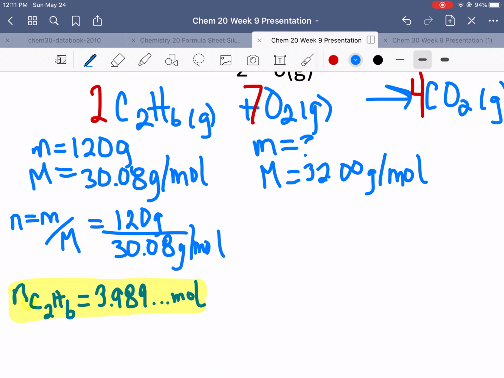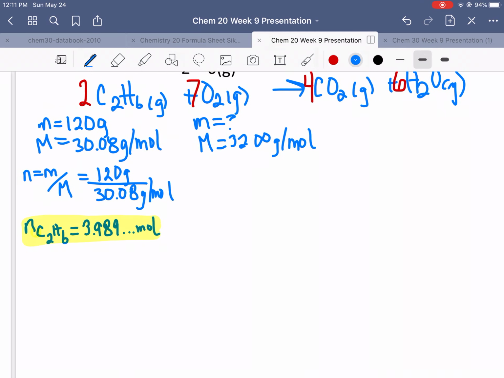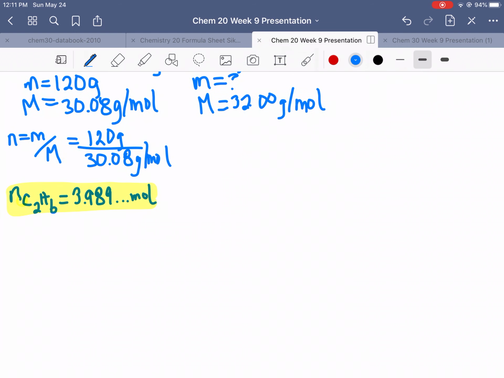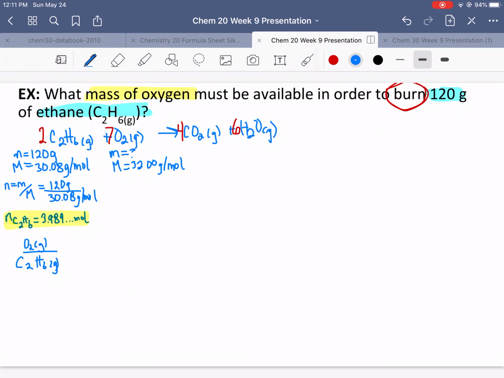There's our next step. Okay, so mole ratio from this says we're looking for the oxygen, right? So we say, okay, the ratio of the oxygen gas to the ethane gas, and I look at my balanced equation here, right? And I go, okay, my ratio is a 2:7 ratio.